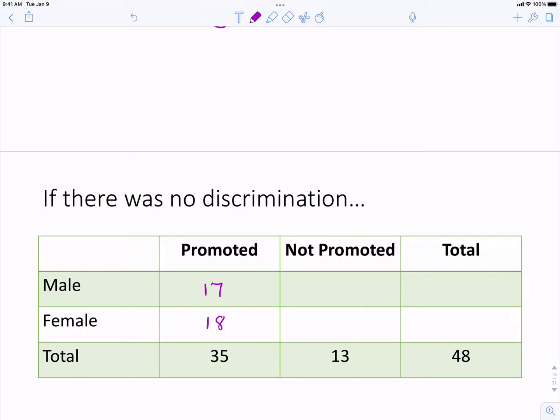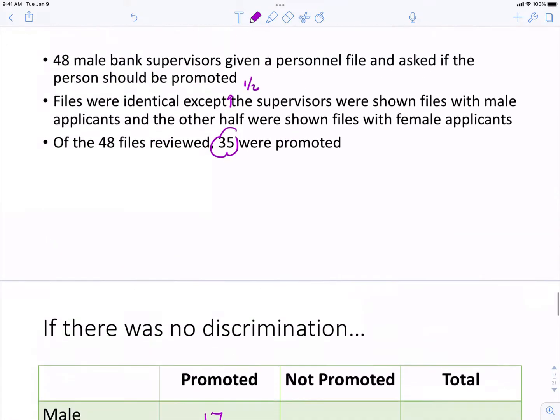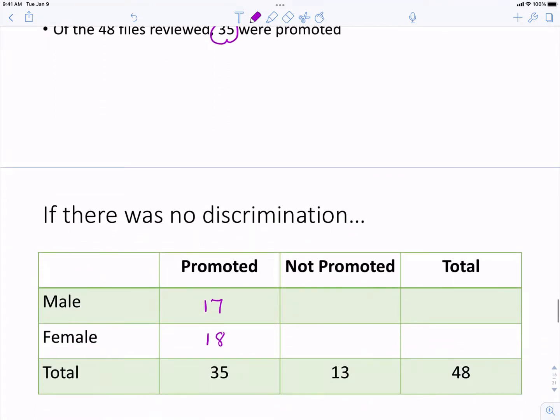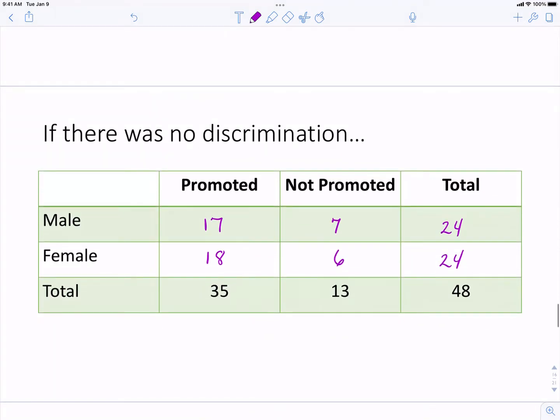So again, we would want that to be about half and half. So there were 48, so there were 24 of one and 24 of the other. So for example, there would be 6 here and 7 here. So roughly half and half. So this is what it would look like if there was no discrimination going on, or something close to that.